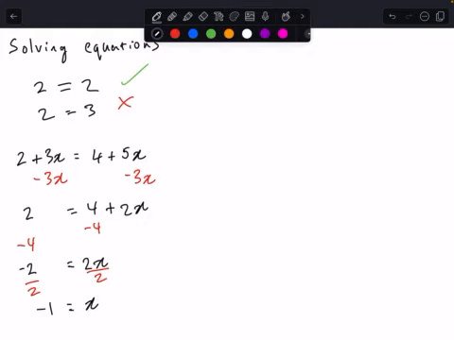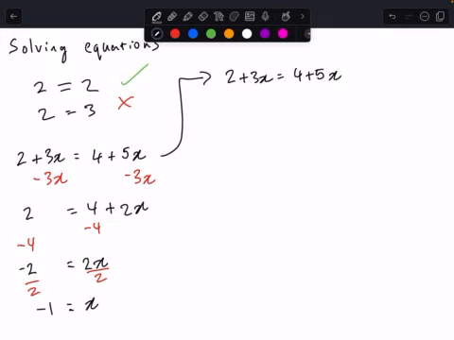And remember what I said at the beginning, we're trying to find values for variables that make true equalities and not false ones. So we can actually just go back and check. If we substitute negative 1 in for x, do we get a true equation? So let's see that over here. So again, we have 2 plus 3x equals 4 plus 5x.